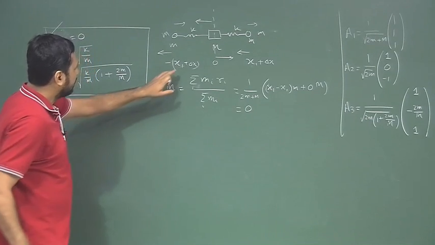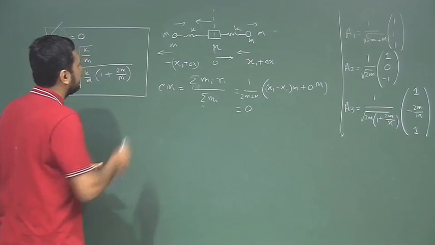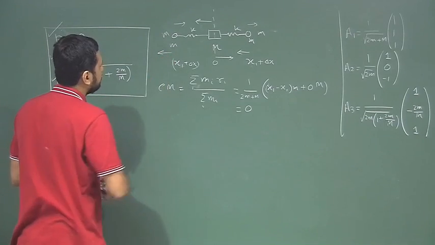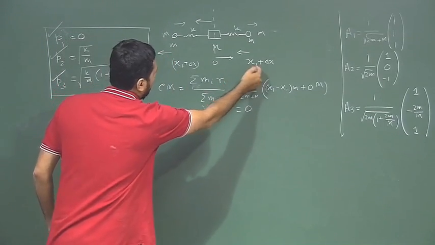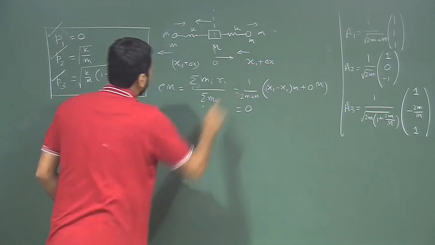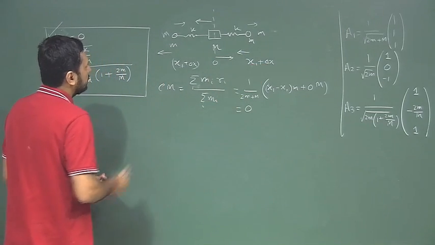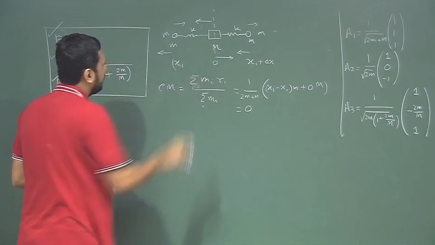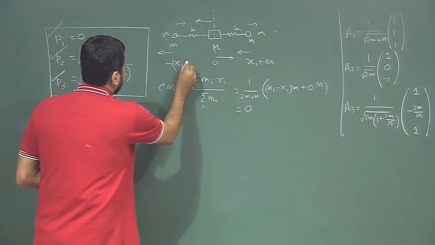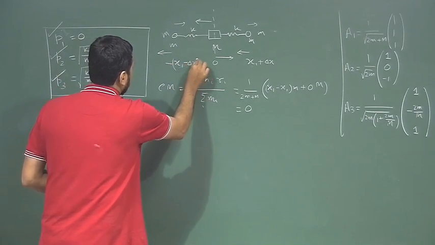If this has gone by delta x, let us say x plus delta x. So, this one will be x1 minus of x1 minus delta x.